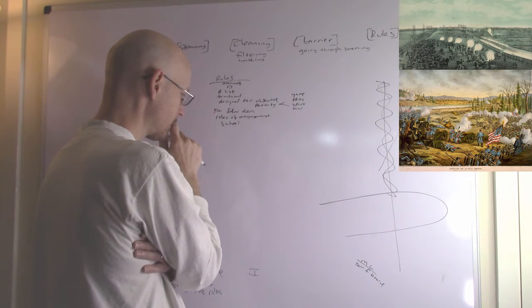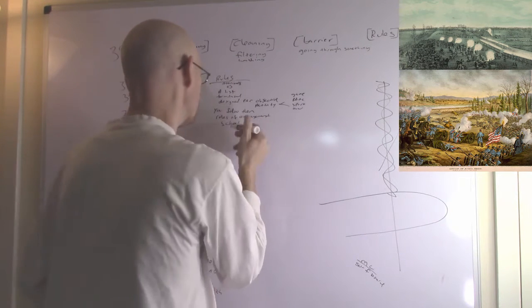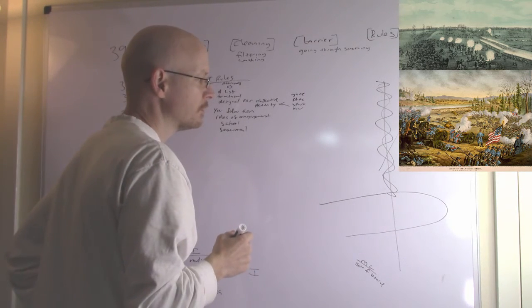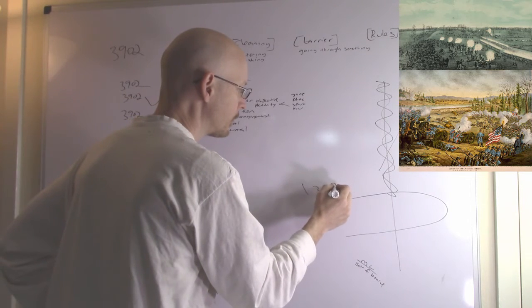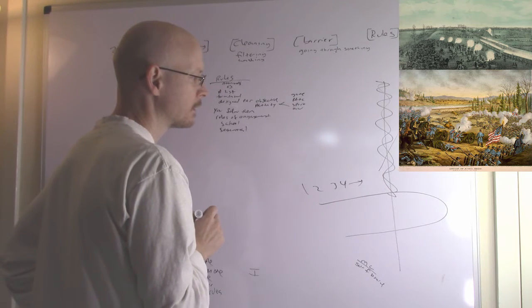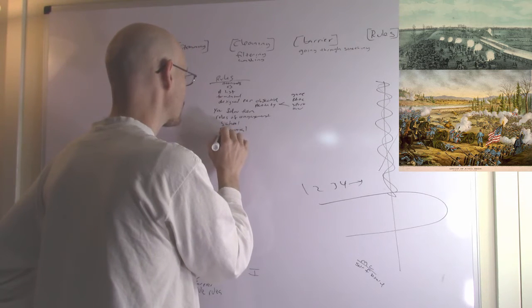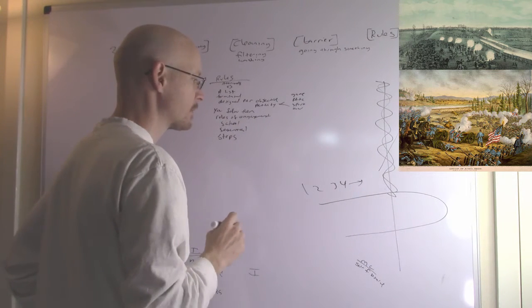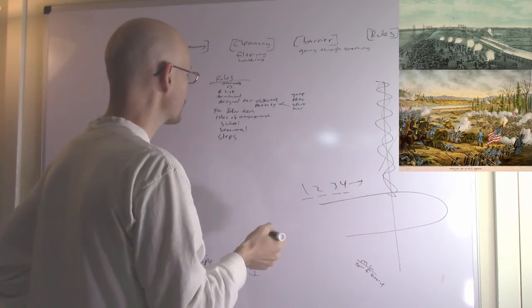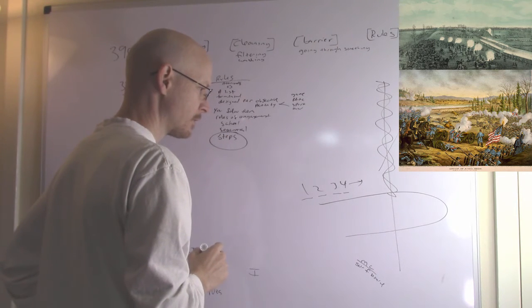They are sequential. It's like 1, 2, 3, 4. That kind of thing. There's steps. Rules are steps. Steps, measured.